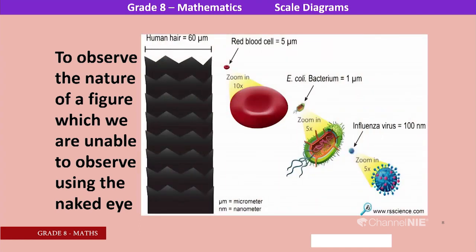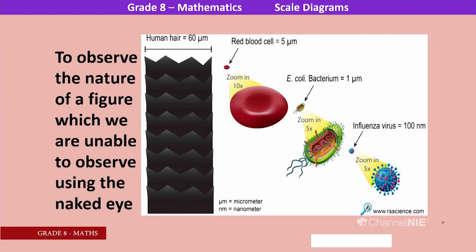Another example, human hair. Very, very small measurement here. Red blood cell, here bacterium, here virus. Micrometer, nanometer, very, very small measurements.